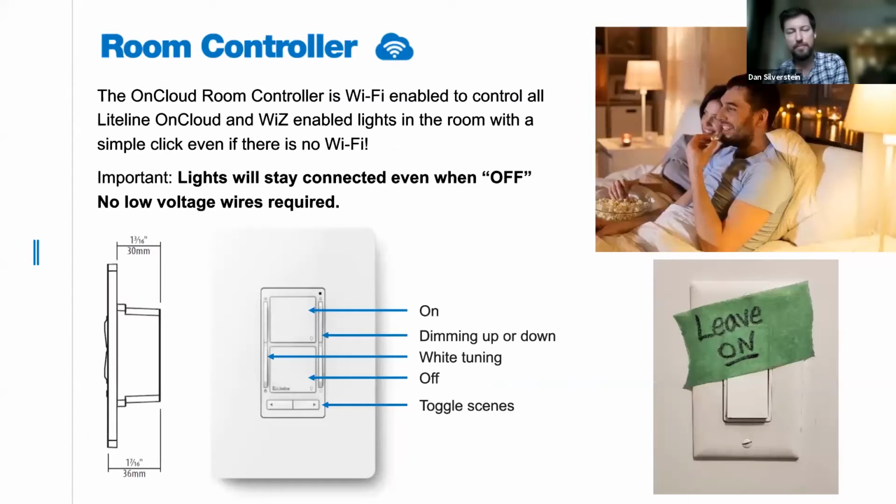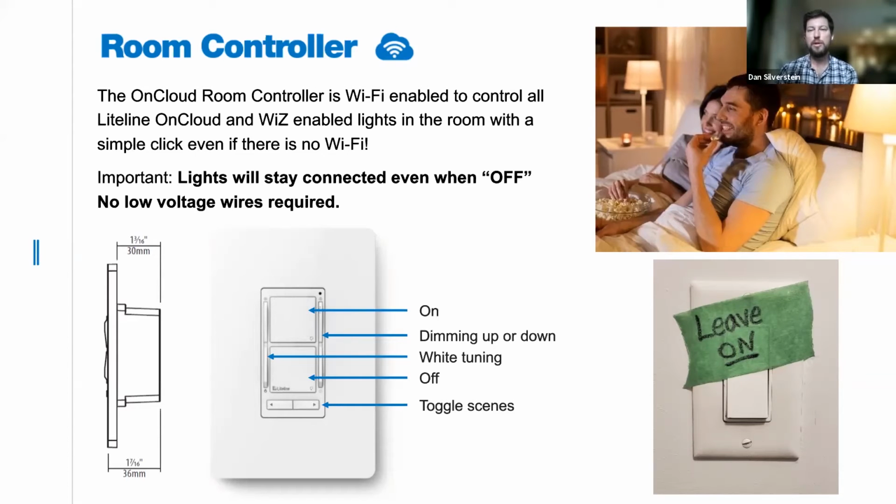As far as the OnCloud ecosystem goes, this is kind of the magic touch to the whole thing. If you go into Amazon or Home Depot, or even Hue products, and get a smart light bulb and put it into a ceiling fixture, it works great, right? You can use your app, you can use Alexa, you can use Google, you can do all kinds of cool stuff.